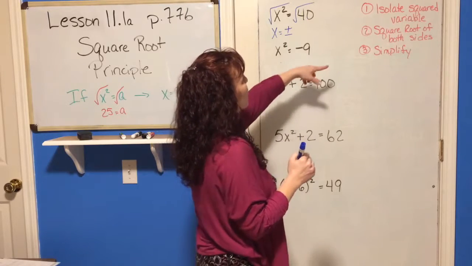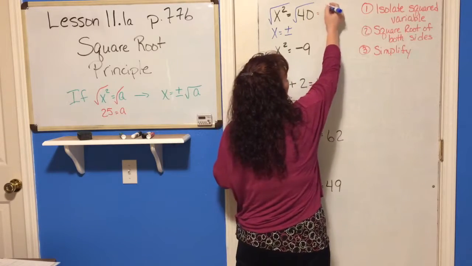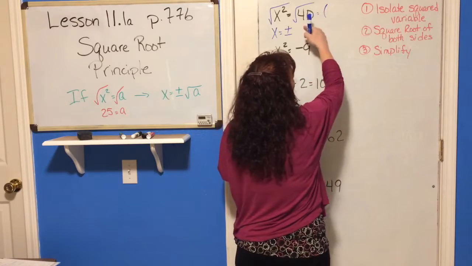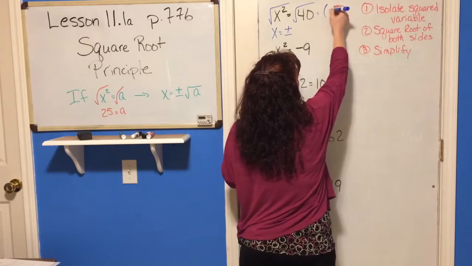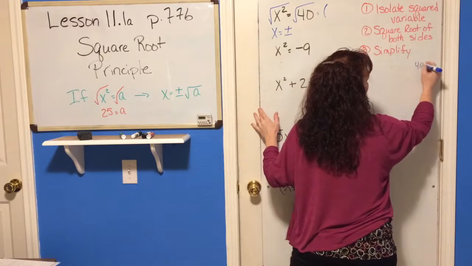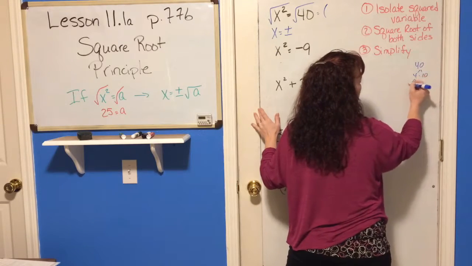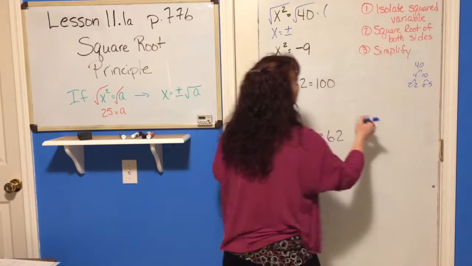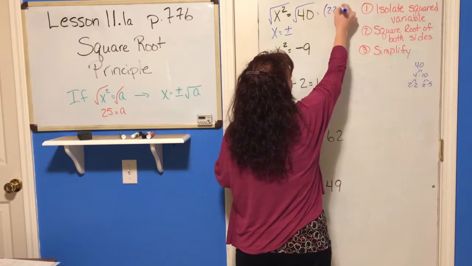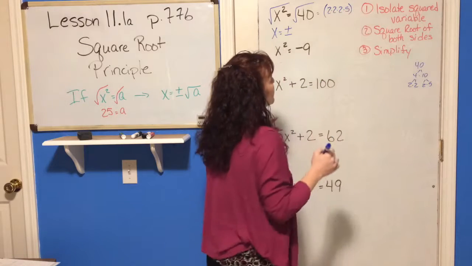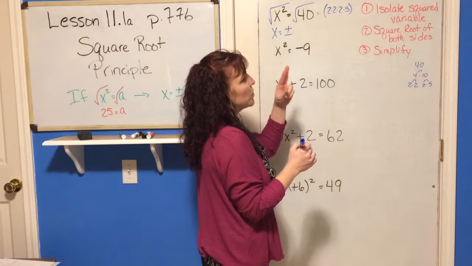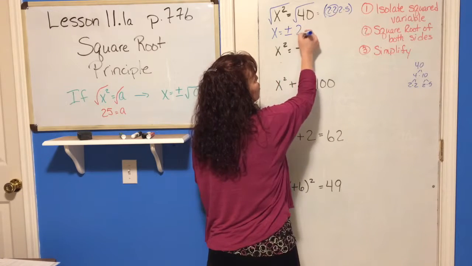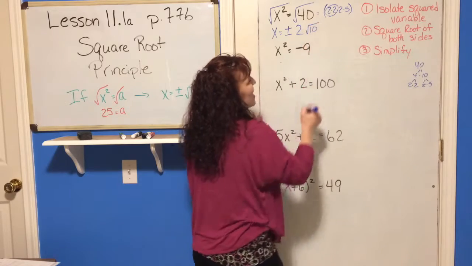Now we simplify. 40 is 4 times 10, and 4 is 2 times 2, and 10 is 2 times 5. So we've got 2 times 2 times 2 times 5. Since it's a square root, a pair of 2's comes out, so we have plus or minus 2, and the square root of 10 is left.